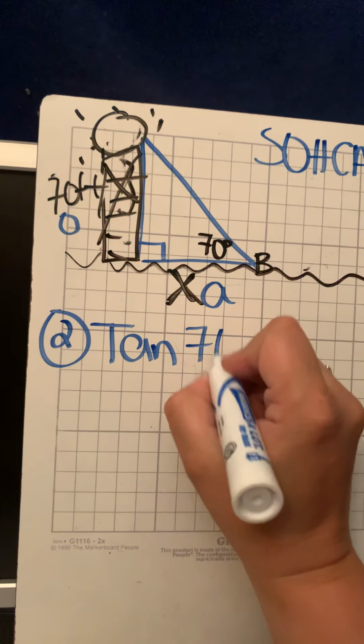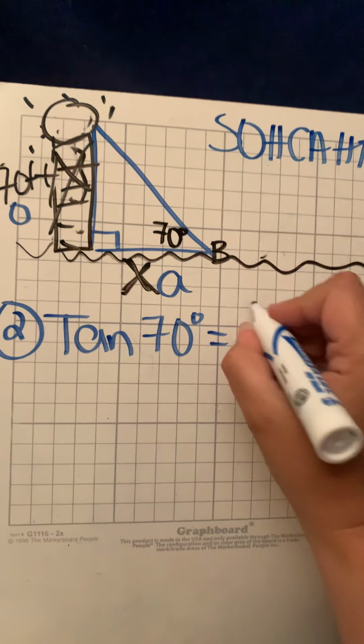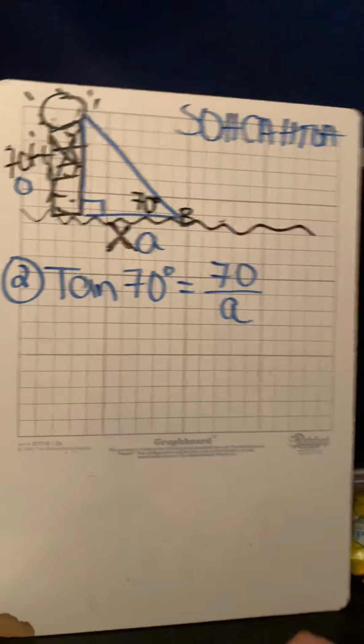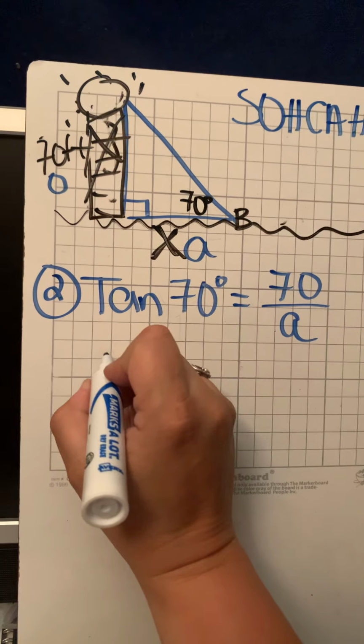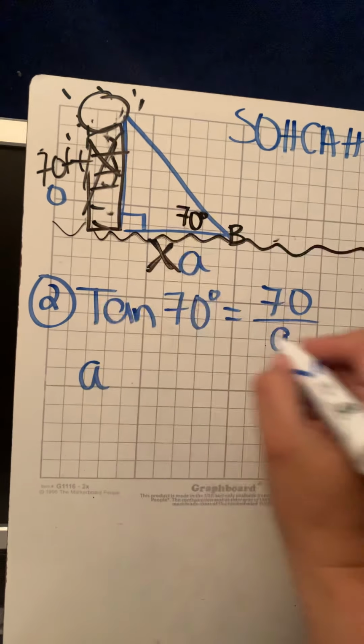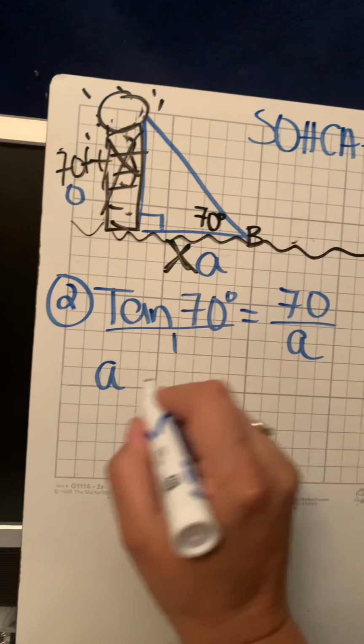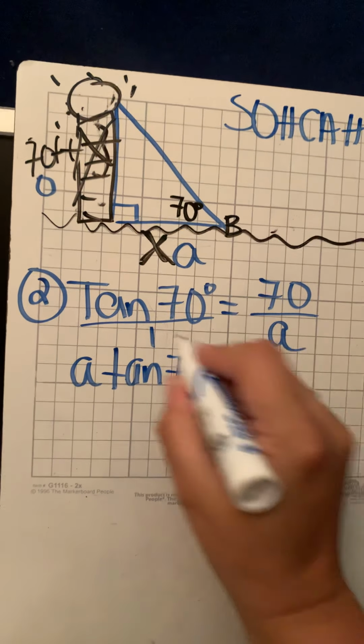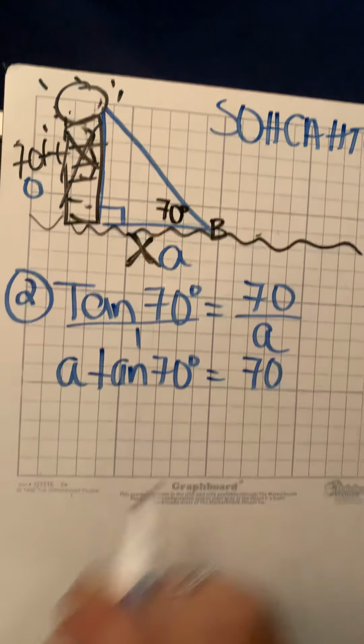Tangent of theta, which was 70 degrees, equals opposite over adjacent. Let's cross multiply. A tan 70 equals 70.